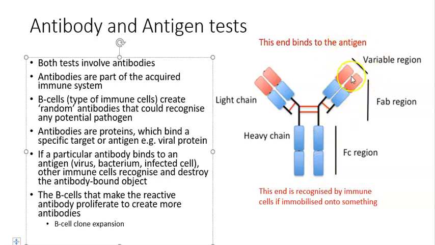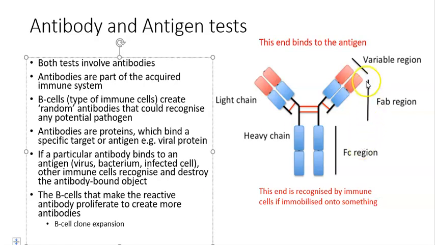Each B cell makes a different antibody, with a different DNA sequence coding for a different protein sequence for this variable region. So each individual antibody has the potential to recognize something completely unique.